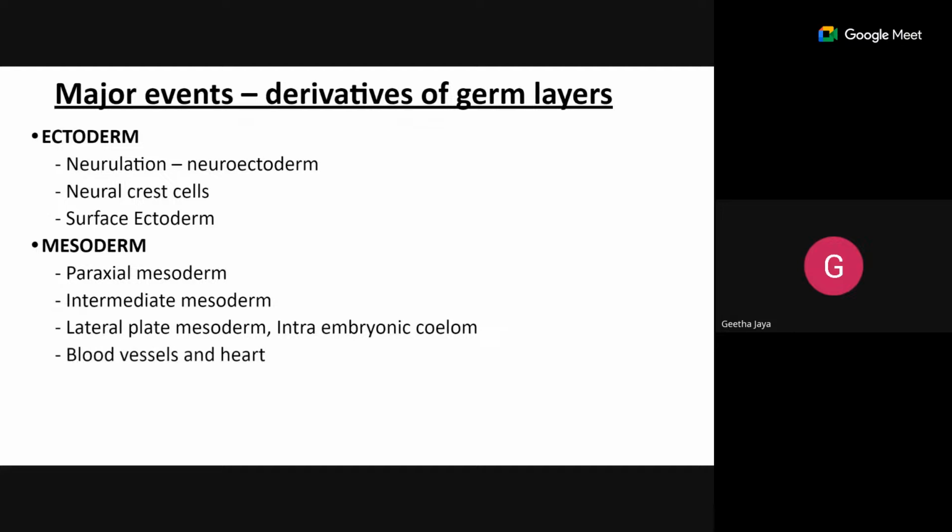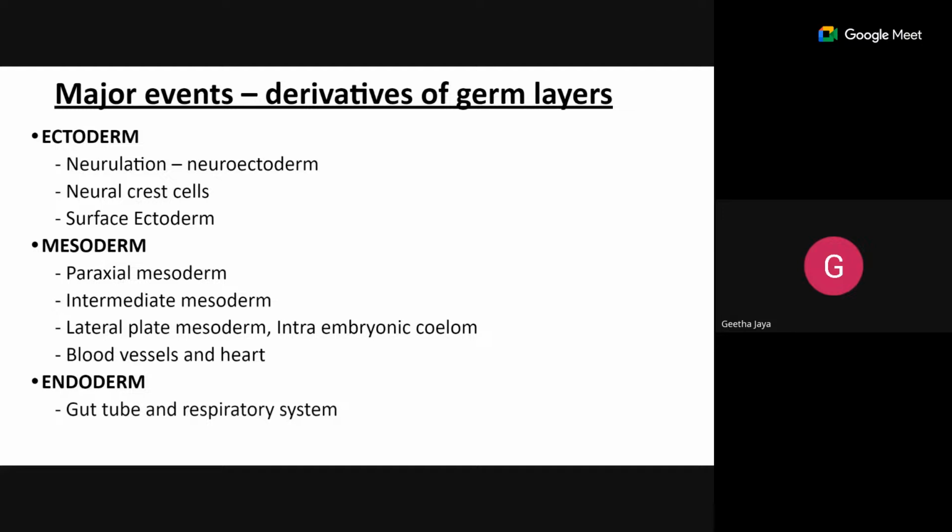And with the intraembryonic coelom formation, we know that the lateral plate mesoderm is forming two parts, that is the somatopleuric and splanchnopleuric mesoderm. And it is in the splanchnopleuric mesoderm we have the development of the heart and blood vessels. And the endoderm forms the lining of the gut tube, and from the gut tube extends the respiratory system.